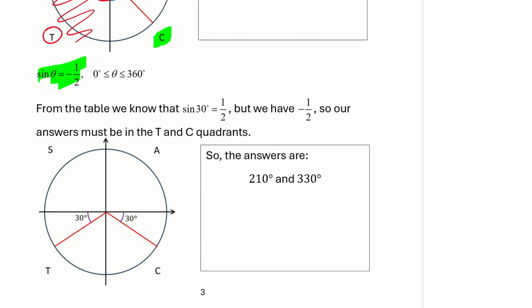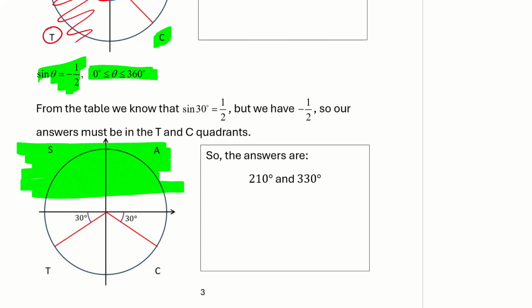Another example, sine theta is negative a half for angles between 0 and 360. Now, since it's a sine and it's negative, we know the answer can't be in this top half. The two angles are marked here.